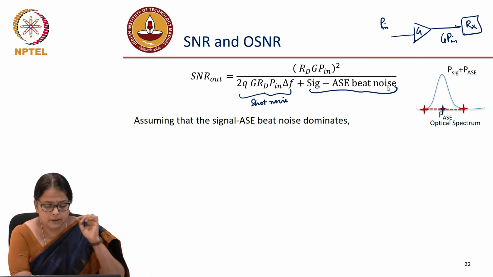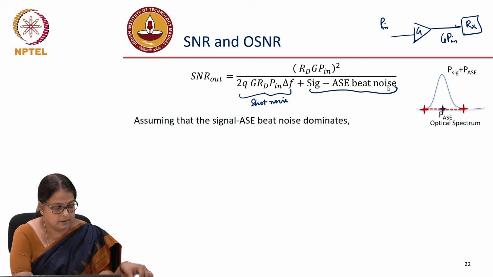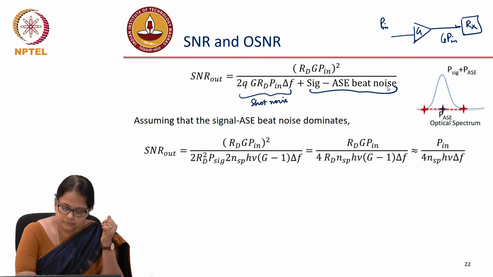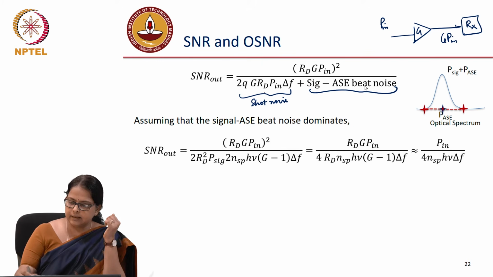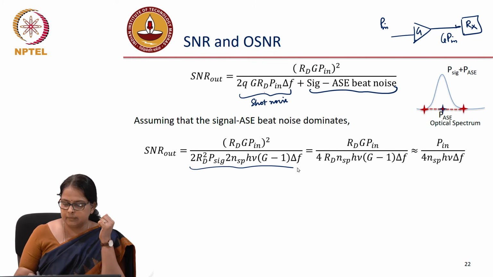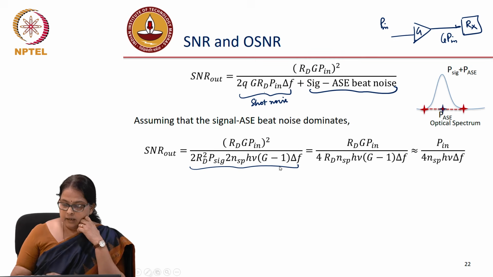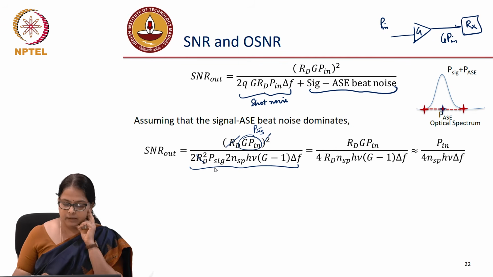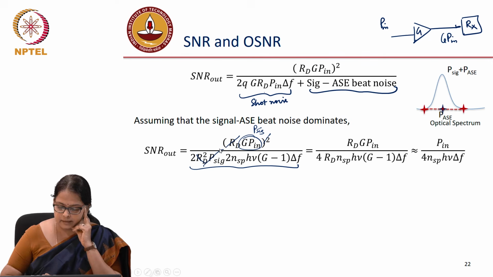Now let's make an assumption that the signal-ASE beat noise is the one that is dominating. Then the SNR is just this signal-ASE beat noise, which is this number we saw in the previous slide. Now you can cancel out this 2, and one R_D you can cancel here. G times P_in is P_sig, so that can get cancelled.